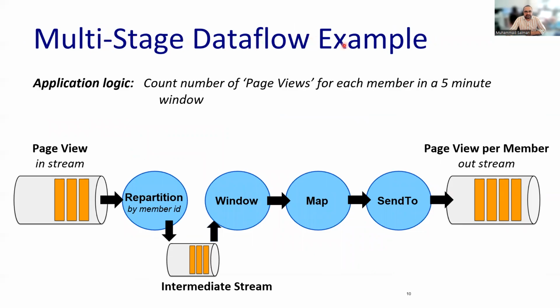So a multi-stage data workflow example is shown here. In input, we have the page view stream. There is data coming in a stream where the user might have some number of clicks. Firstly, the data is partitioned into an intermediate stream, where the chunks of the stream are there.